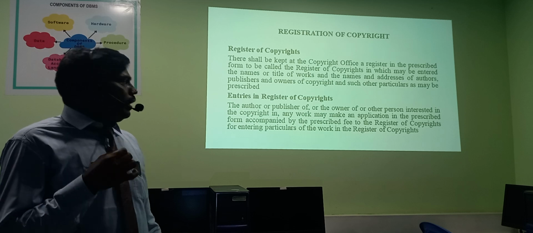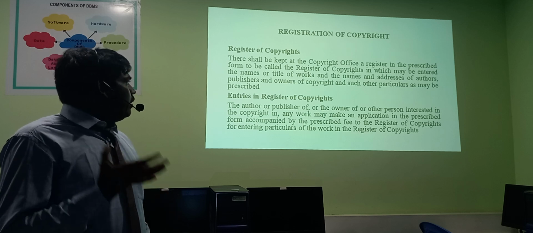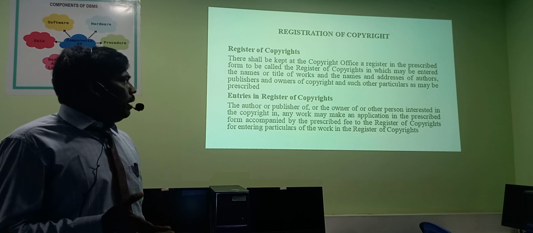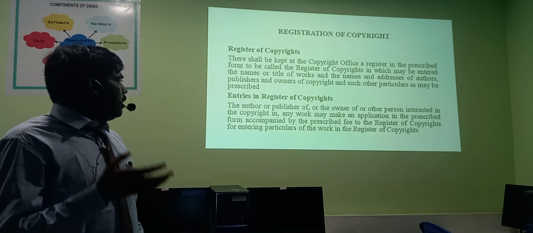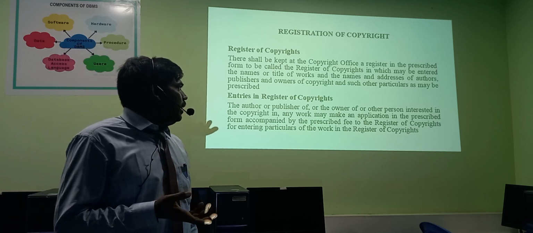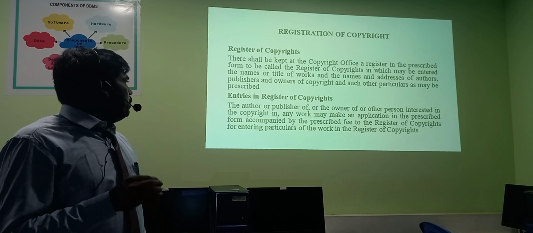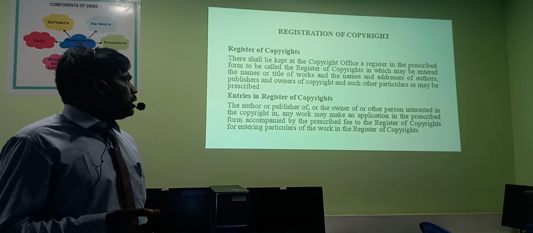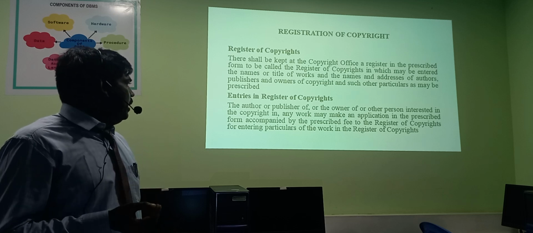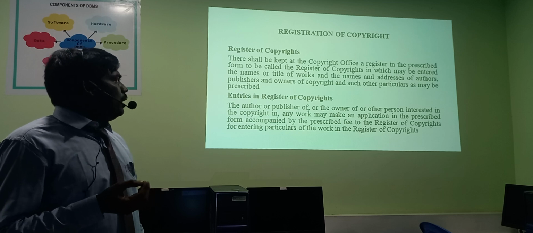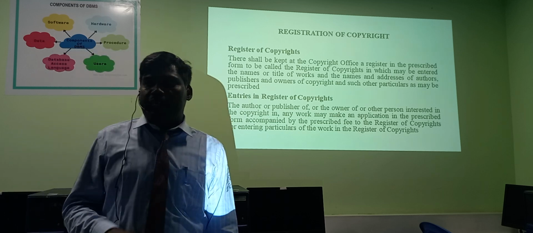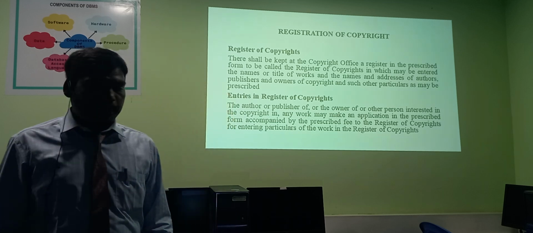Entries in the Register of Copyrights: the author, the publisher, the owner or any other person interested in the copyright in any work may make an application in the prescribed form, accompanied by the prescribed fees, to the Registrar of Copyrights, to enter the particulars of the work in the Register of Copyrights.